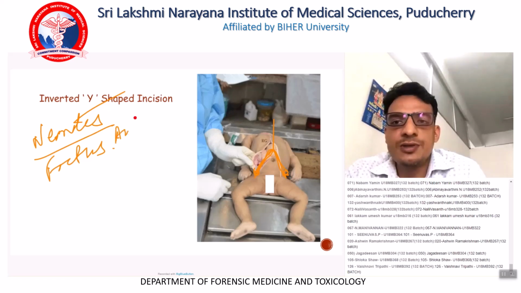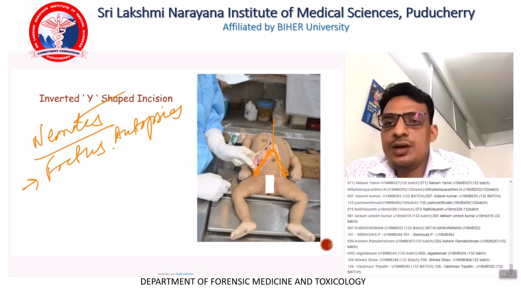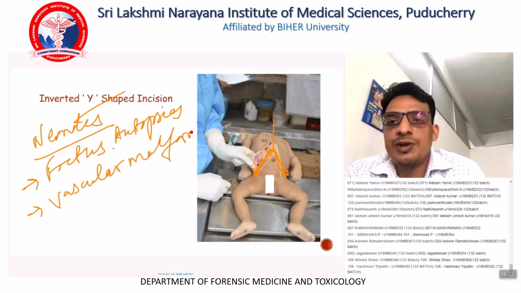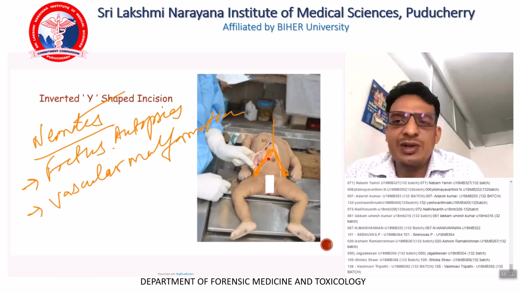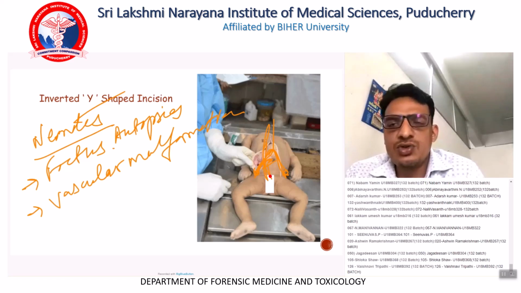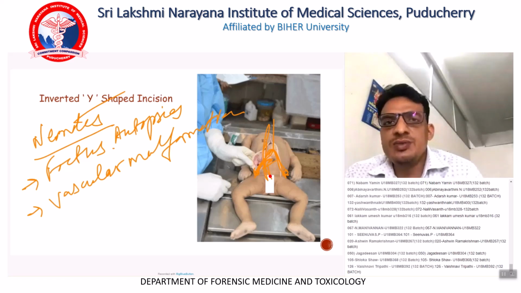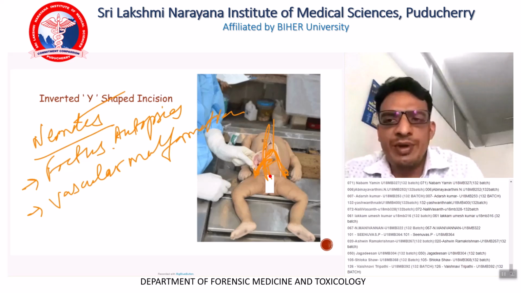Then to examine vascular malformation. Also, other malformations that there might be, urachus intact, it will be attached over here. If we cut it, then we'll not be able to see the structures in such a way. So this is more of a practical thing, but you should remember it is important for neonatal examination. Next.